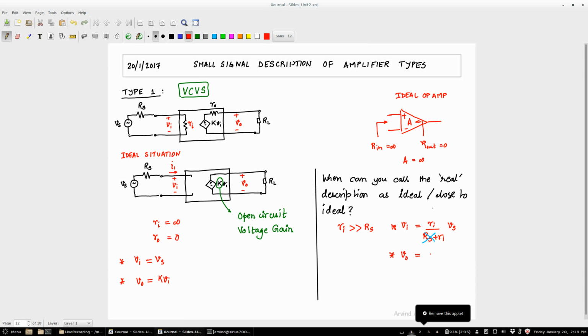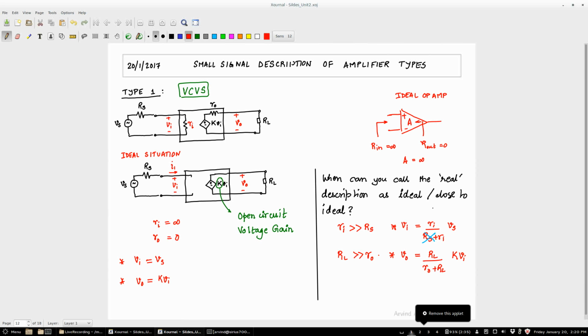What about the output situation? Okay, let us write down here first. For ideal situation, what is Vo? So Vo is basically K times Vi, right? And in this situation, your Vo is going to be RL divided by R0 plus RL times K Vi.